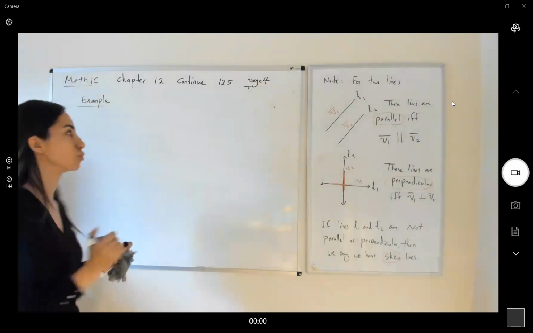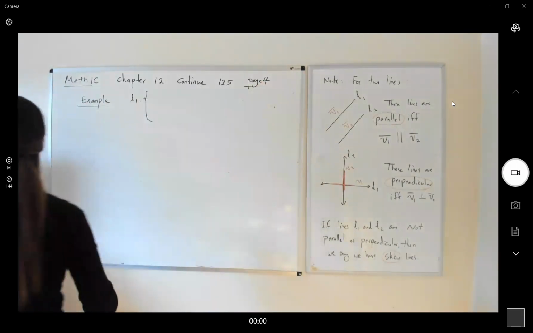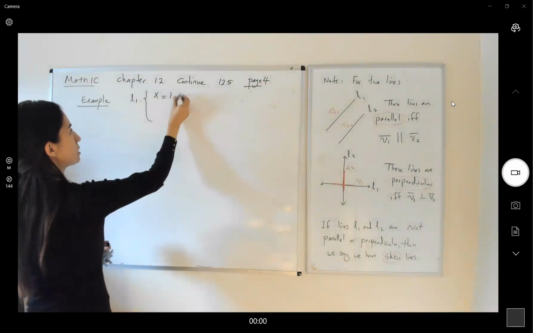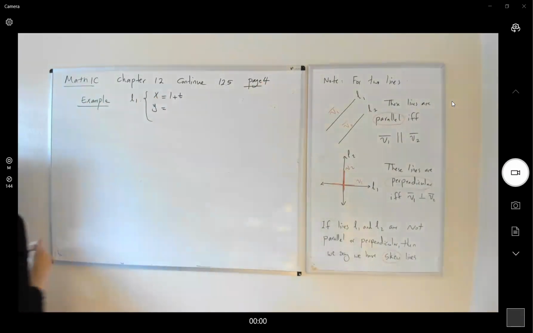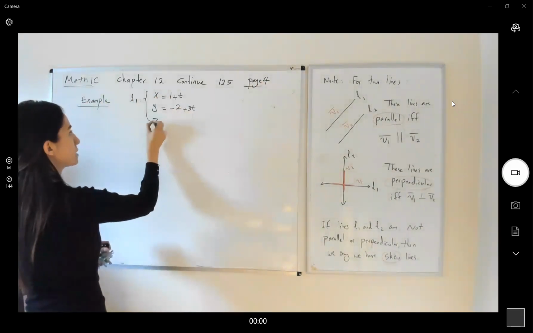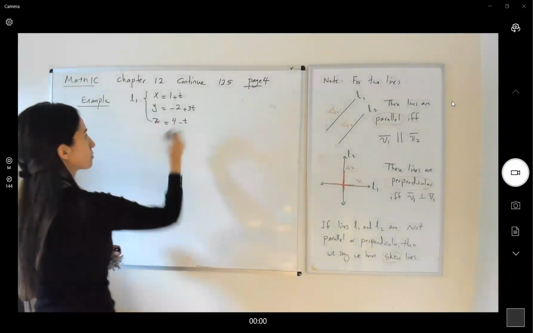Suppose you have these two lines, L1, which is given as x equals 1 plus t, y is equal to -2 plus 3t, and z is equal to 4 minus t.